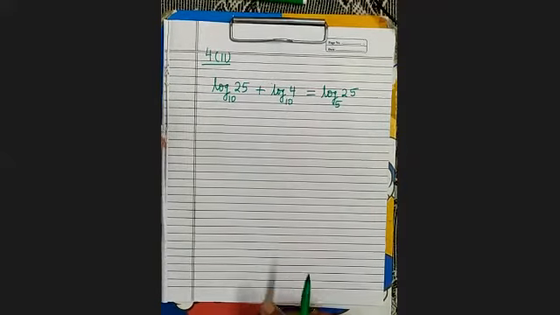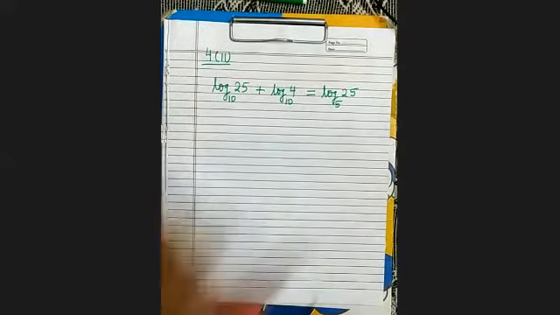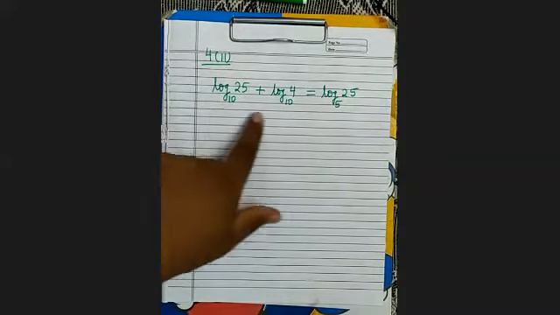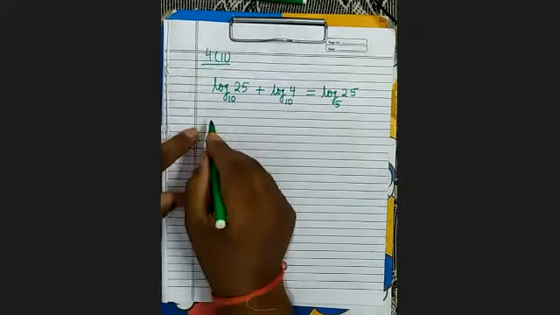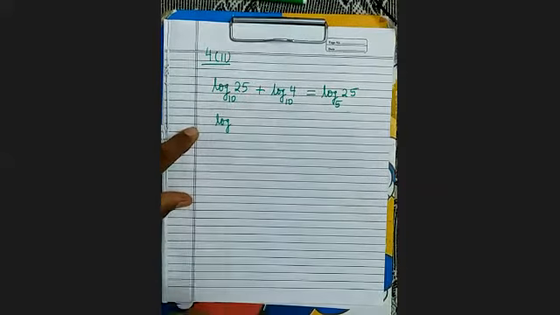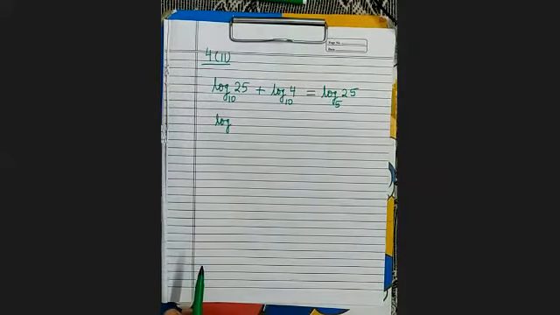What we have to do is prove both sides equal. So first you simplify. What can you write this? Who can tell? Log 25 into 4.